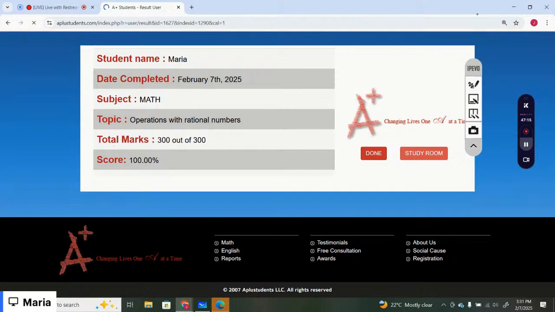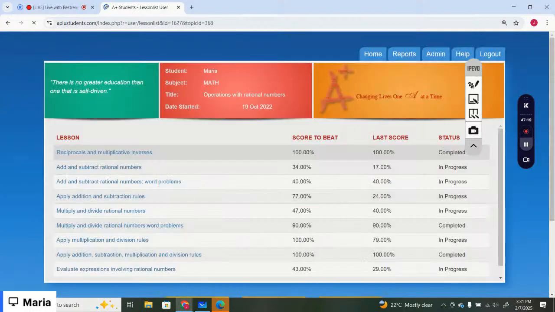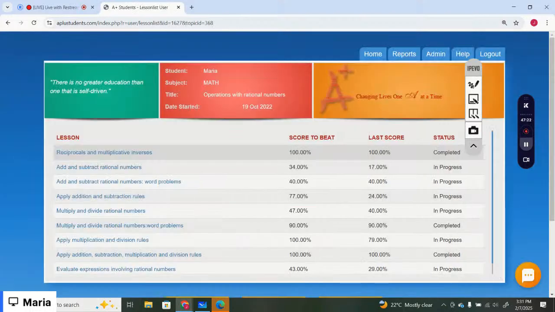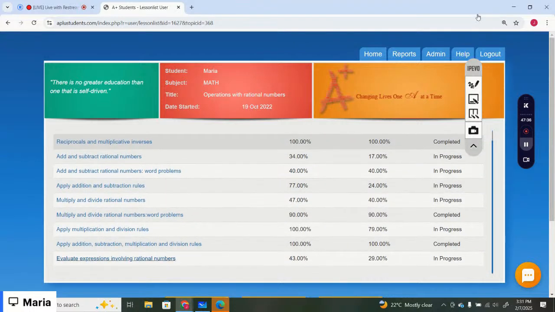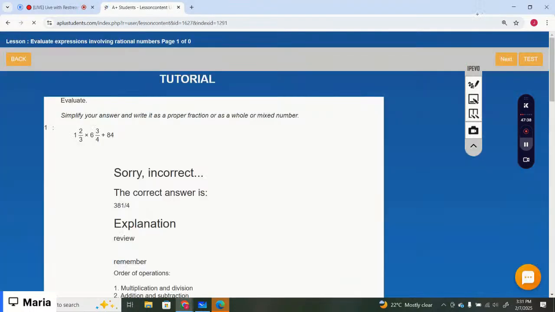The next lesson is evaluate expressions involving rational numbers.